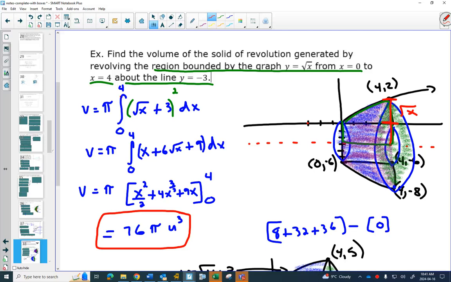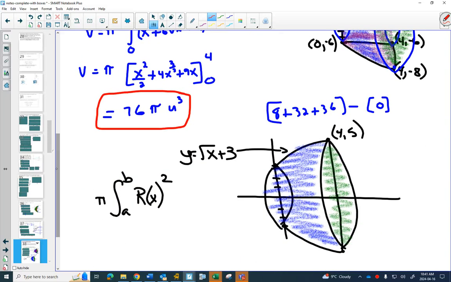That was the graph that we were given. And I know from here to here is 3 units. So my radius gets 3 added to it, and then that gets rotated about that line. It's just the same as taking my regular square root graph and adding 3 to it, which would be a normal rotation around an axis.